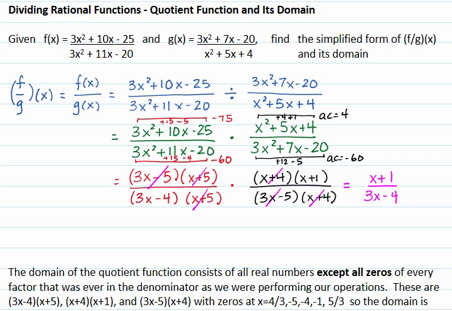Now, to find the domain of the quotient function, we have to find all expressions that were ever in the denominator and find the zeros of the factors of those expressions. The expressions in the denominator were the denominator of f of x, the denominator of g of x, and when we flipped g of x, the numerator of g of x.